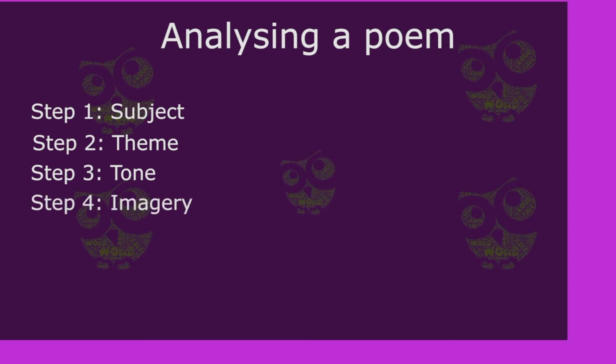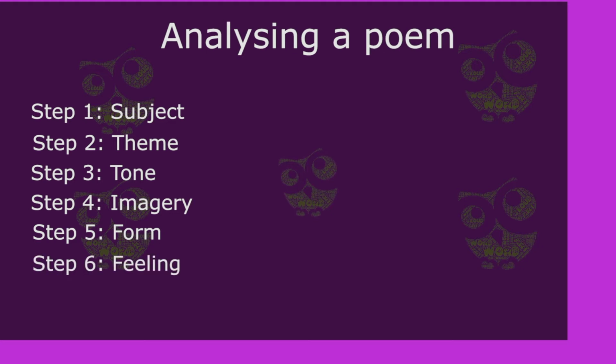Step 4. Imagery. What literary devices are used and what do they mean? Step 5. Form. Why the poet has chosen this structure. And lastly, step 6. Feeling. What are the different emotions being shared? Let's now look at each step individually.